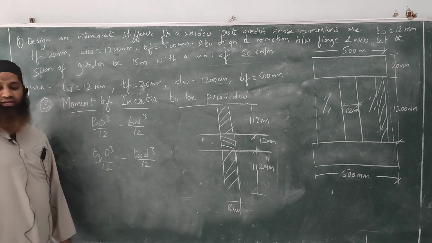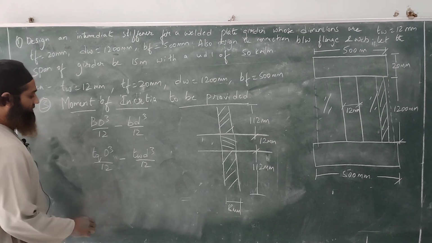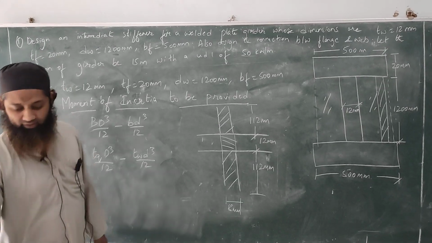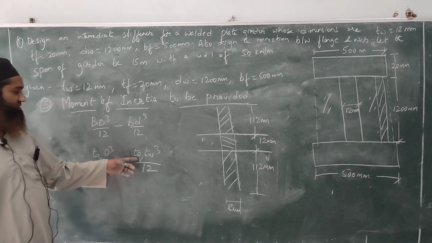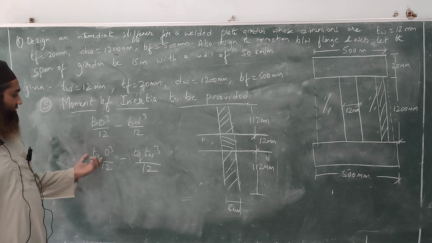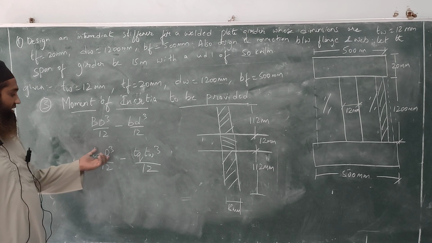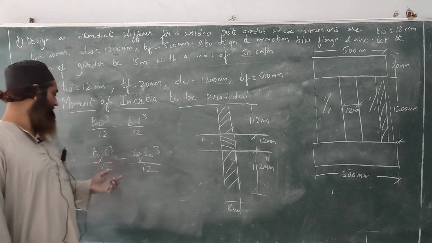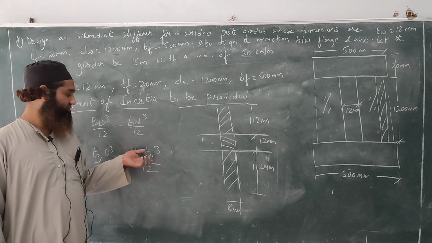It should be TQ, the thickness of the stiffener as we had adopted it as 8, into D cube by 12, where D is the total depth, minus TQ, again the thickness of the stiffener, into TW cube by 12, where TW is the thickness of the web.